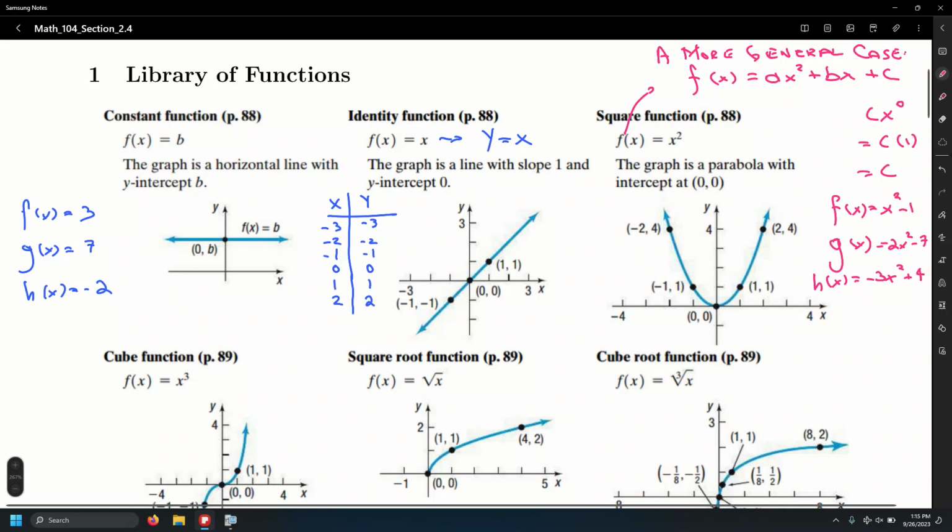Play with the coefficients and their signs, and we'll see in the next section what those numbers and signs do to the parent graph. In the meantime, it's about getting familiar with them.